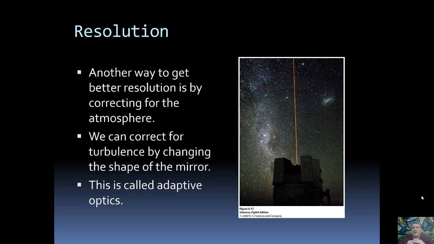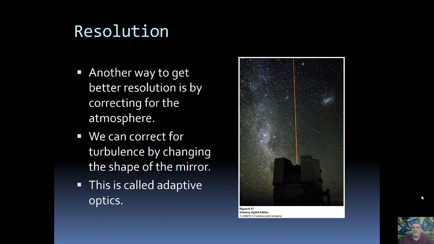Once it is the exact right shape, that means that we've bent and twisted the mirror to take out all of the effects of the atmosphere as the light is passing through, which means that we've gotten rid of most of the atmospheric distortion. Now we have to flex and change the mirror in real time to take out all of these problems. So we have actually developed technology to bend and flex mirrors in real time to help us get rid of the effects of our atmosphere.